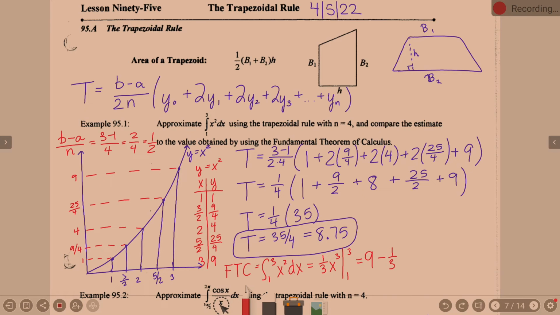So 9 minus a third. Well, my brain says 8 2/3. In my notes, I've written down 26 thirds. But in all honesty, I like 8 2/3 because 8 2/3 is 8.6 repeating.